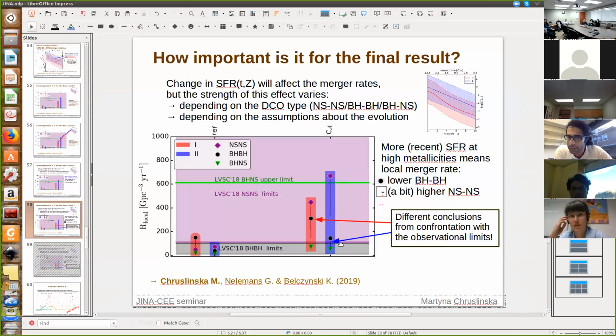And what is the difference between the treatment of the common envelope in this model compared to the reference model? The difference is that in the reference model, this is the pessimistic case. So where we have a Hertzsprung gap-like donor star, we assume that it always leads to merger.